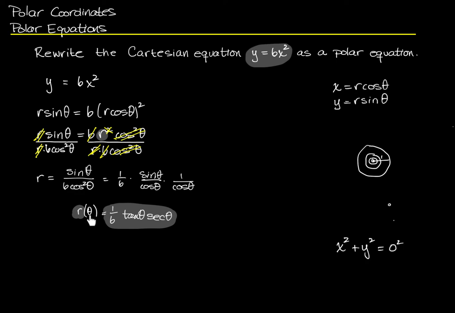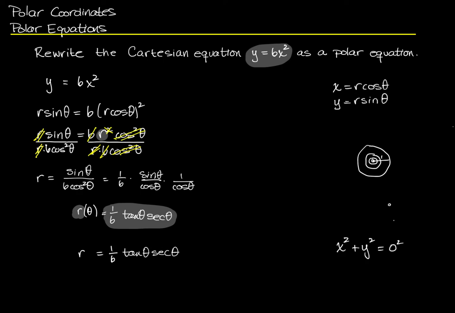Now, there's a theta here, but that's because I've rewritten this as a function, r in terms of theta, in the same way as I would have written y in terms of x, like this, or sometimes like this, but that's a specialty notation. And technically, you don't need the of theta part. You can write your equation just r equals tan theta secant theta, in the same way that we often write y equals 6x squared. So that's how you take a Cartesian equation and write it as a polar equation.